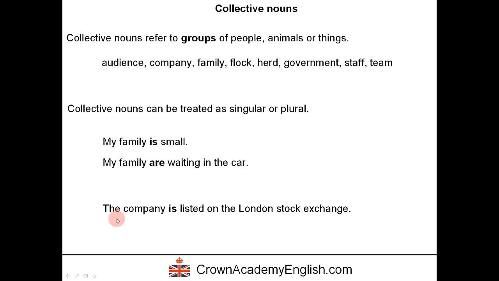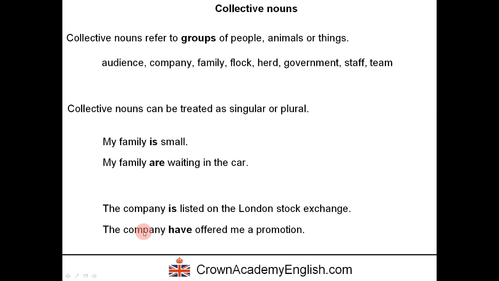Another example, the company is listed on the London Stock Exchange. So again, here we are focusing, this is the singular, and we are focusing on the word company as a unit. But here, the company have offered me a promotion.